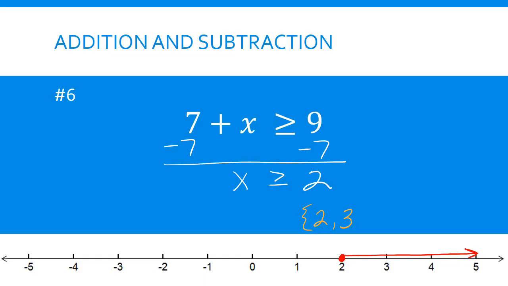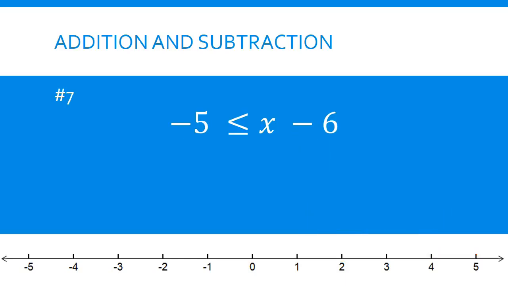If we filled that in for x, 7 plus 3 equals 10, so we know that 10 is greater than or equal to 9. Then we do 4, and it goes on forever and ever. We can check our solution set with our graph at the bottom. We know that we have graphed x is greater than or equal to positive 2 properly.